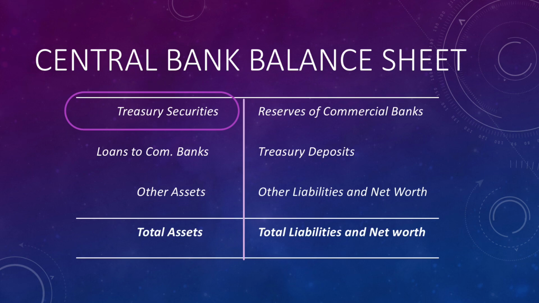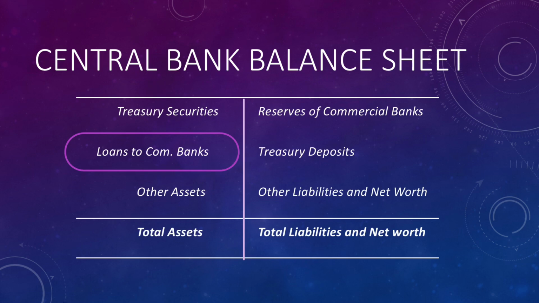So if the central bank possesses them, they are assets of the central bank. Another asset would be loans to commercial banks. From the name itself, this is the amount lent to commercial banks, receivable from these commercial banks. And there are also other assets, which are not important for our purpose.